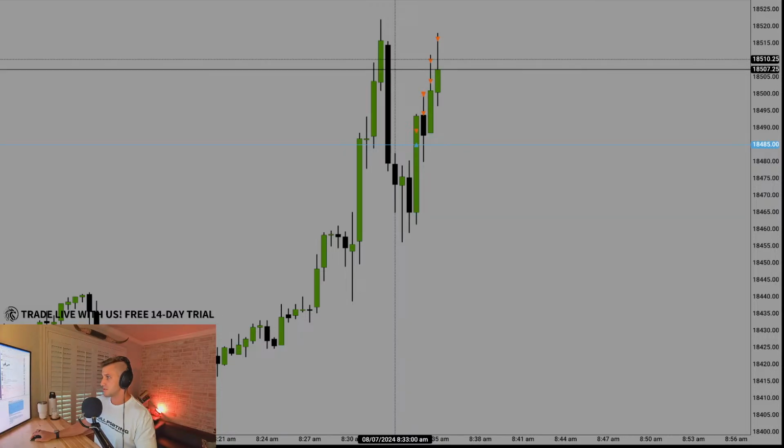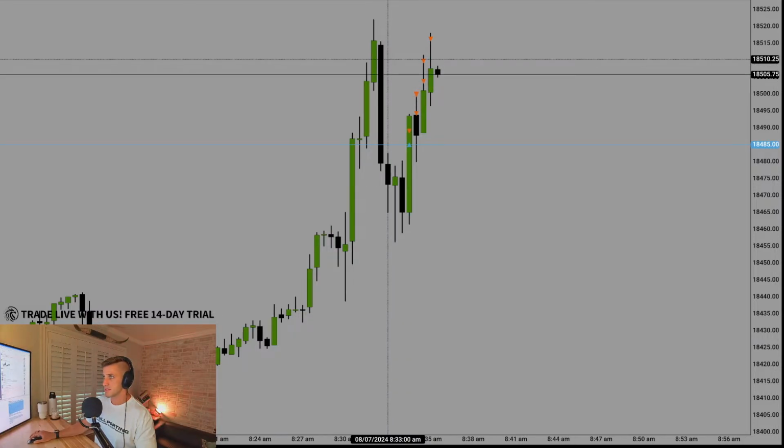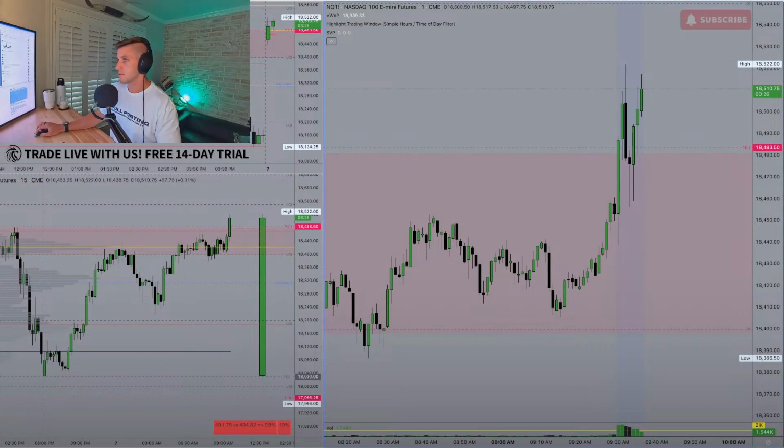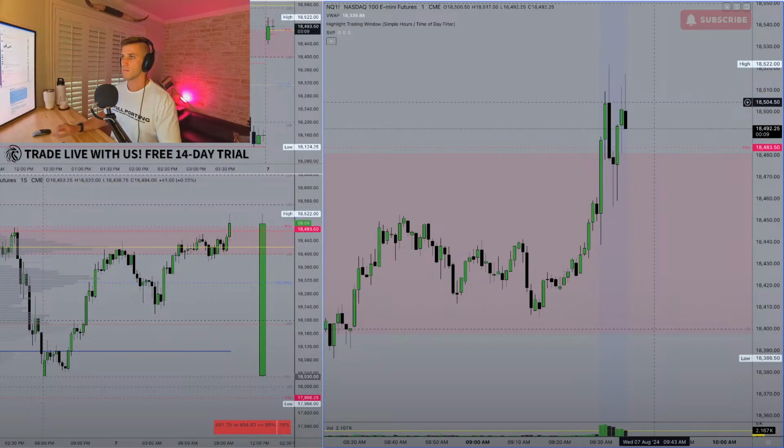Still in a partial, trails in profit. So we'll see if this can actually give the push higher up through session highs and maybe 18,550. So far, no. And there goes my trail.